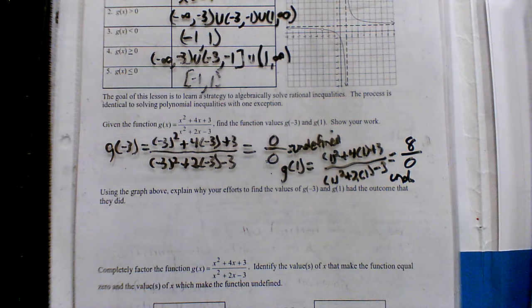Okay, so the next part says, using the graph above, explain why your efforts to find the values of g of -3 and g of 1 had the outcome they did. So why do you think they had the outcome they did? We're going to put a formal explanation down, but just your own ideas. What do you think's happened?